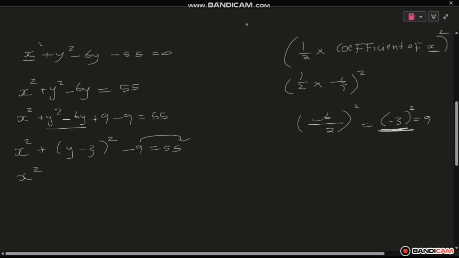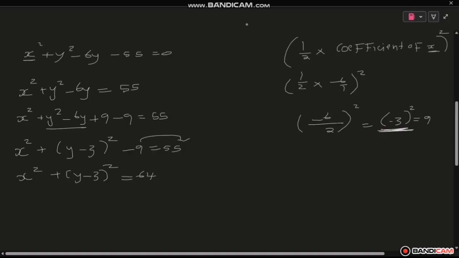So you transpose the 9 to the right, you have x squared plus y minus 3 squared equal to, you use your calculator, do not make yourself a fool, so you have 64. So the equation now is in its standard form.